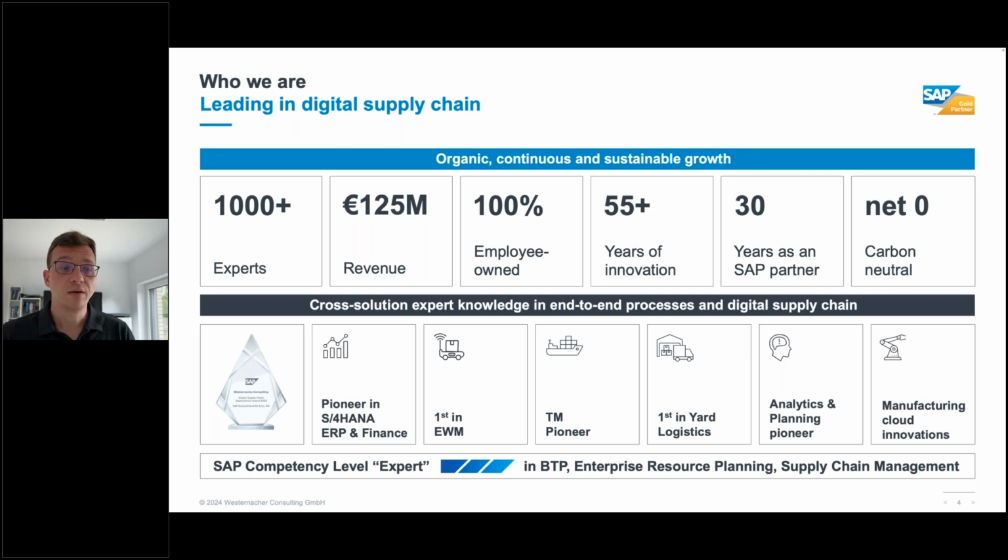So we really focus as a company on sustainable actions, but also on supporting our customers in being sustainable. Here we combine our process expertise across the whole supply chain end to end, also looking at the latest innovations in sustainability and how we can leverage them for the actions our customers are taking.